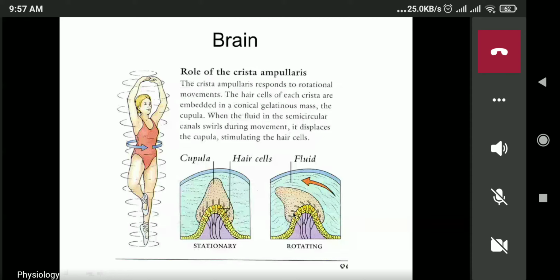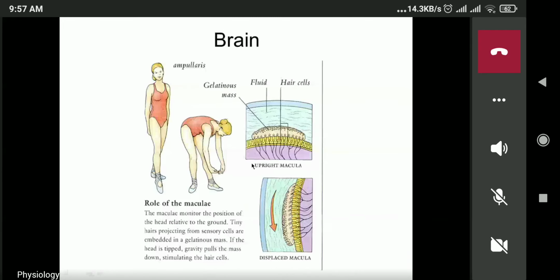Then see, the head is tilting. When the head is tilting, at that time the macula of the saccule, previously when the head was in that position, the macula was like that, and these are the calcium carbonate crystals, right? When the head is down, the macula is down in this way.